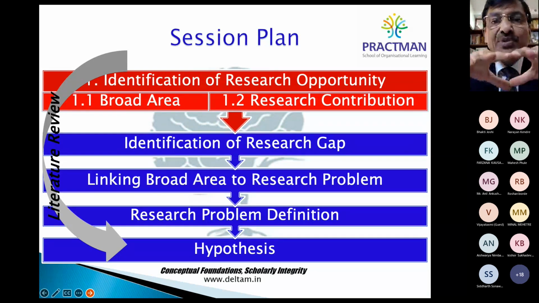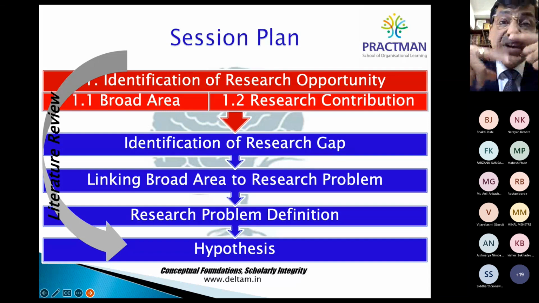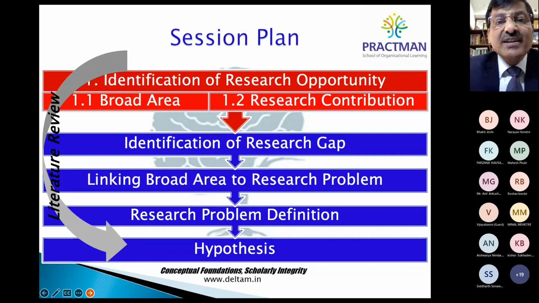All these 7 steps, especially the entire research problem formulation stage, will have literature review intertwined. So you cannot say that literature review takes place at one particular moment. Literature is something which you keep on referring back again and again, because at every stage you will have to fall back on literature to have a greater understanding about what kind of research I'm going to conduct.